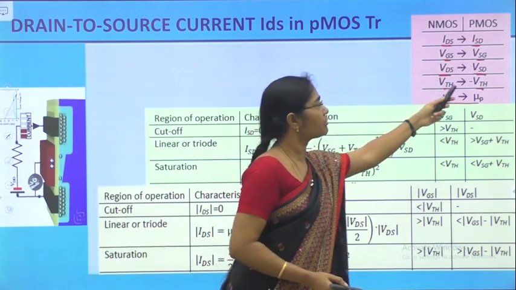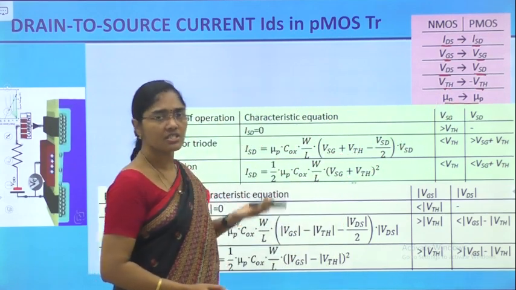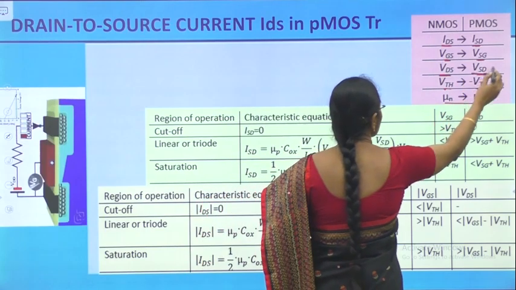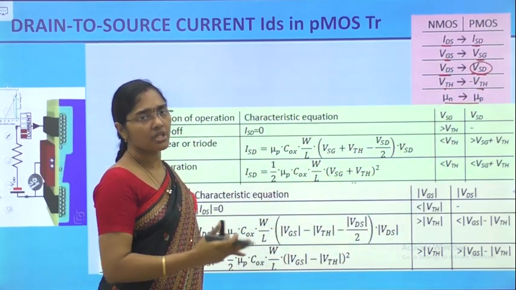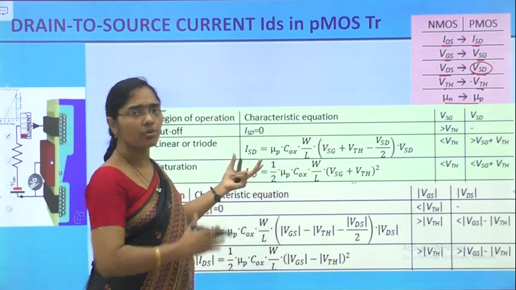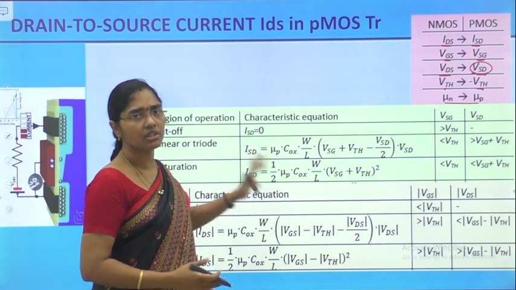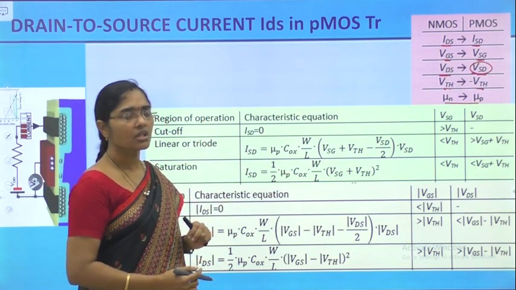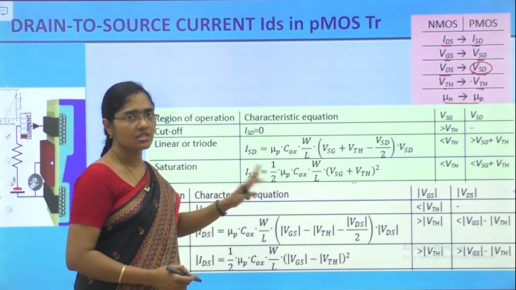VTH becomes minus VTH, and VDS becomes minus VDS, represented as VSD only. Like that the polarities become negative in the PMOS transistor. By applying those negative polarities in the equations we derived for the nMOS, we get the PMOS transistor equations. So directly I am showing here the PMOS transistor equation part.